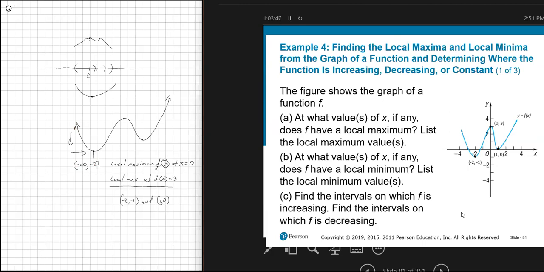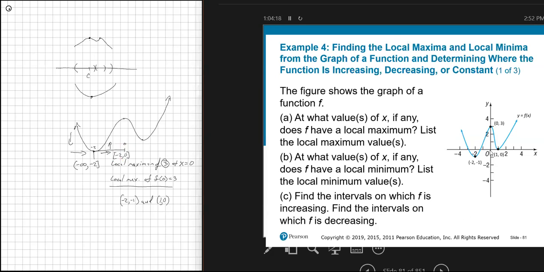That's how the textbook would show it. Then between here and here, the function is increasing as x goes that way. This is -2 here, and this is 0. So from -2 to 0, we would say it's increasing.